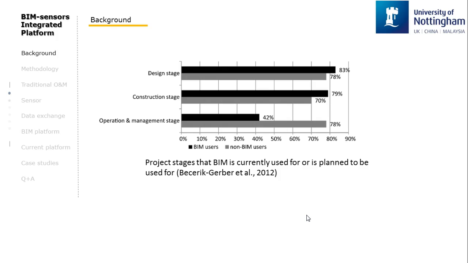In China, only a few projects use BIM in operation and management, because labor cost in China is low compared to other countries. But the operation and management stage is the final stage of the building management life cycle, so I think it's super important. So we came up with the idea of a BIM-sensor integrated platform for this stage.